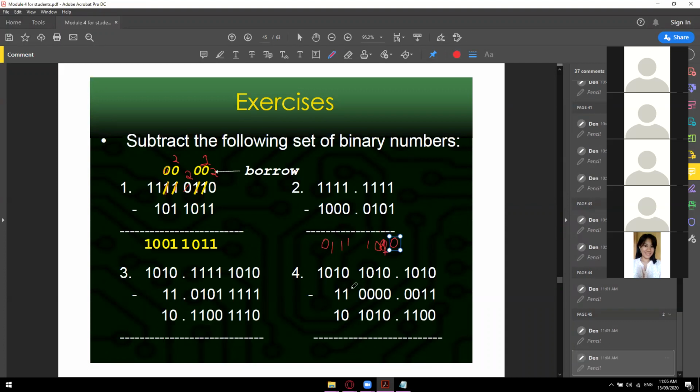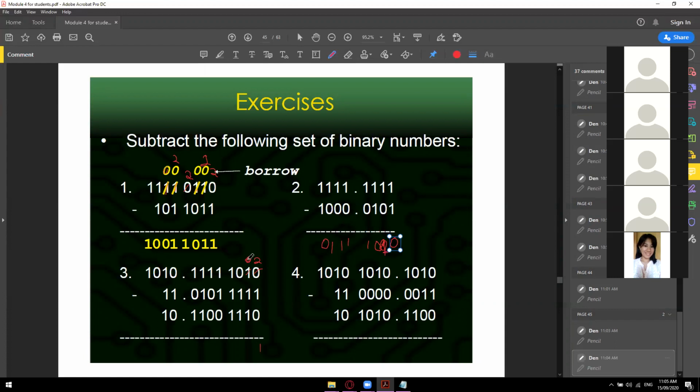Okay, so number 3. So again, hindi na natin gagawin yung number 4. 3 na lang. Okay. So 0 minus 1 cannot be. So we have to borrow. So 1 will become 0. 0 will become 2. 2 minus 1 is 1. Alright.